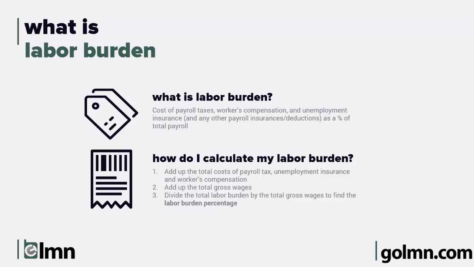By gross wages, we mean just the employee wages without any of the payroll tax or insurance or burden. Then divide your labor burden costs by your gross wages to come up with a labor burden percentage. So for instance, if I had $100,000 in payroll, and I paid $20,000 out in taxes, insurances, and workers' comp, $20,000 divided by $100,000 gives me a field labor burden of 20%.